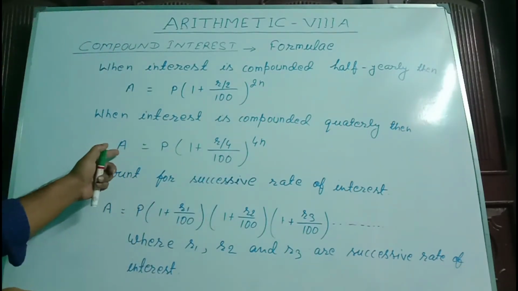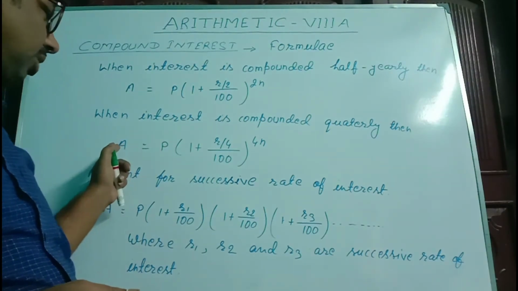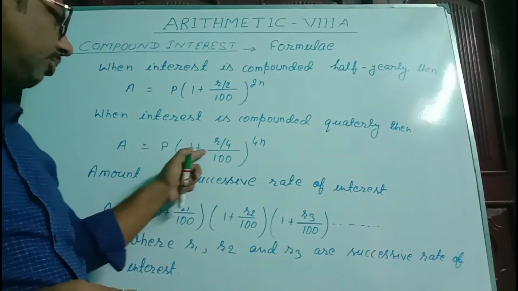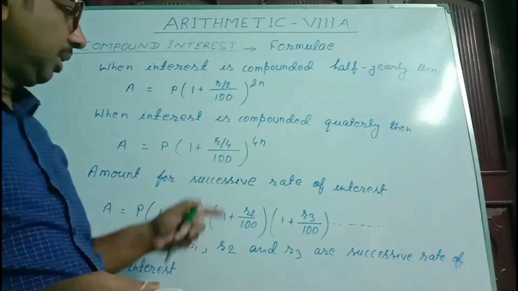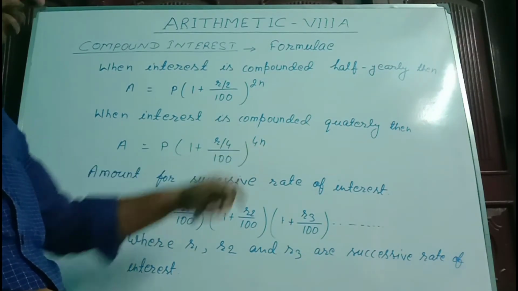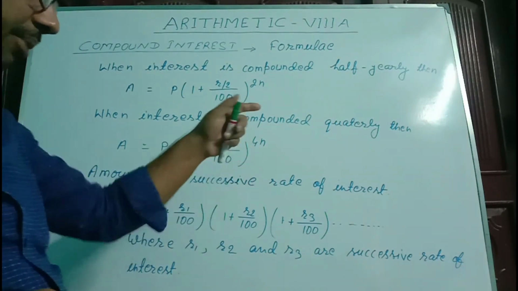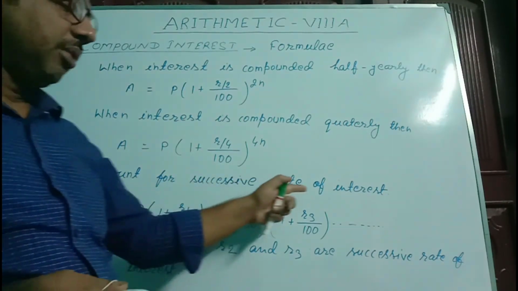Therefore the formula of amount became amount equals p into 1 plus r by 4 by 100 to the power 4n. Here the rate of interest is divided by 4 and time is multiplied by 4 for quarterly. Now, amount for successive rate of interest.